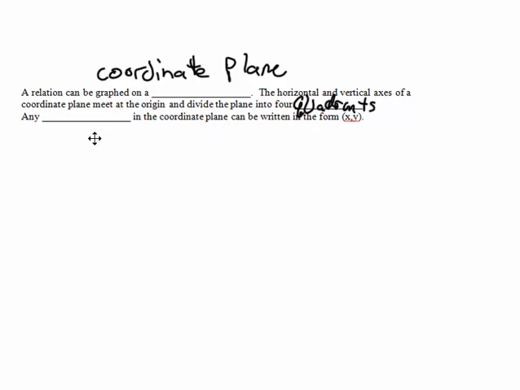Any what in the coordinate plane can be written in the form (x, y)? Any ordered pair. And that goes right here.